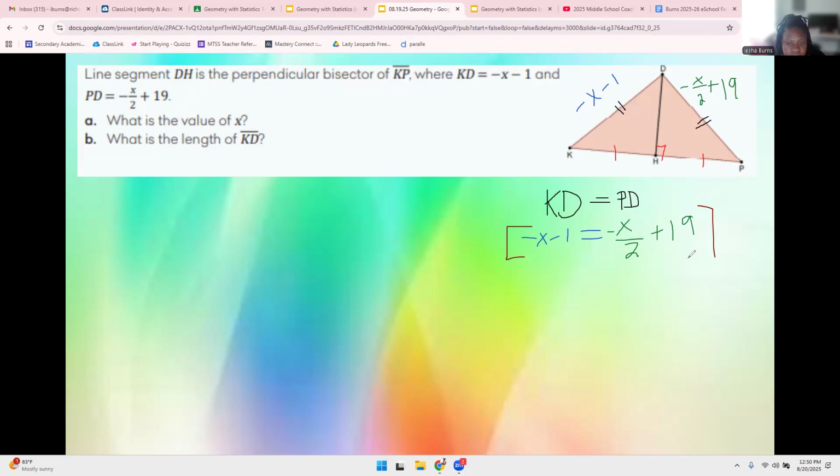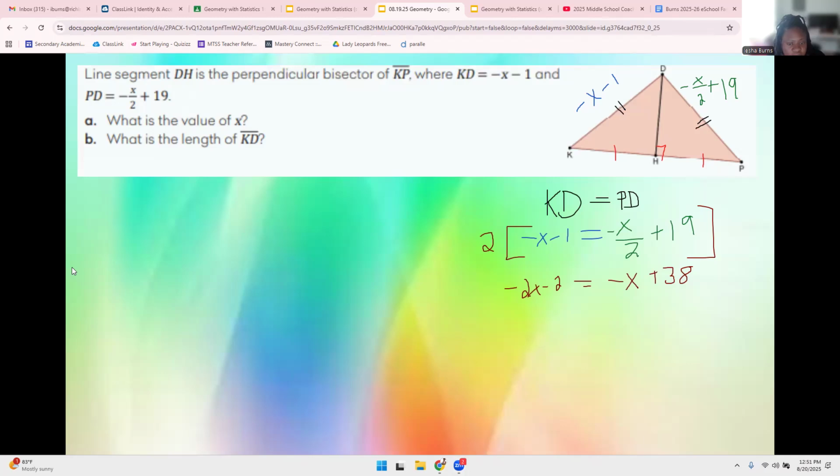The reason I'm doing that is because I'm going to get rid of this fraction so it can be a little bit easier to manipulate. So then I'll have negative 2x minus 2 equals negative x, because this 2 and the 2 on the bottom cancel out. And then 2 times 19 is plus 38.